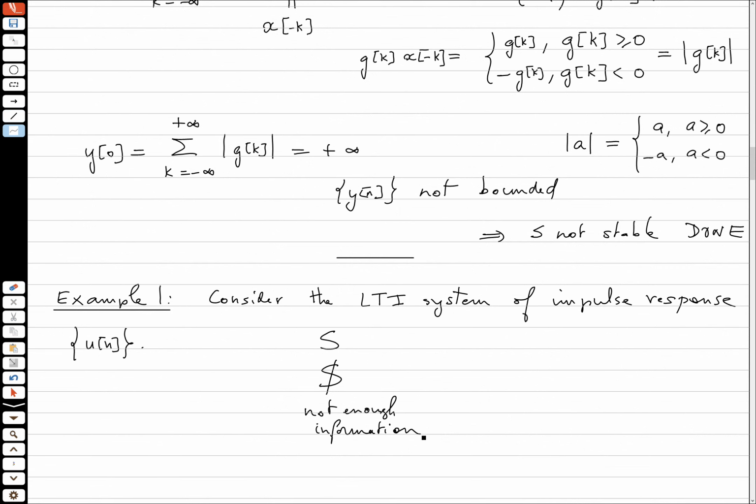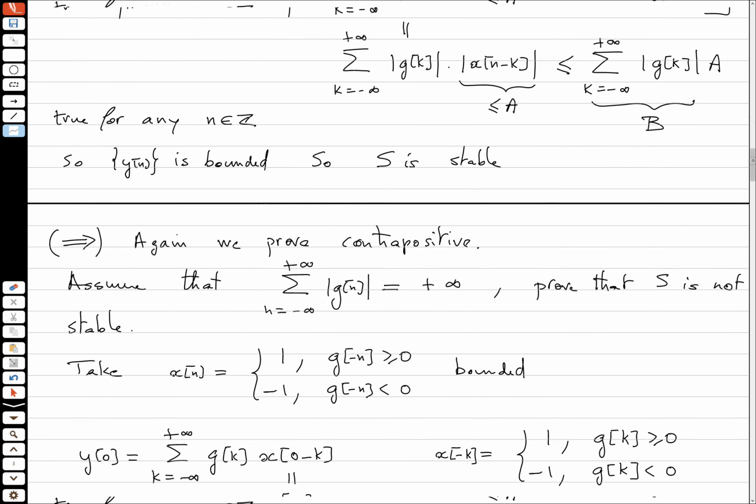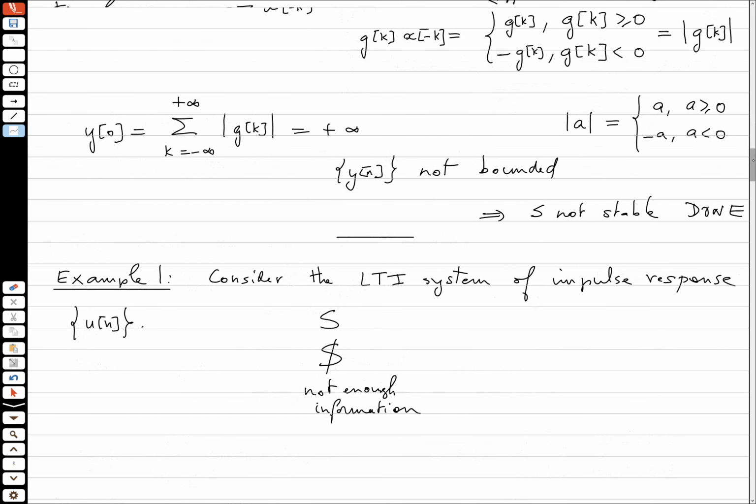Either you claim we can say it's stable, or you claim the system is not stable, or you claim there's not enough information to decide the stability. Ready to vote? You need more time? I give you 10 seconds.